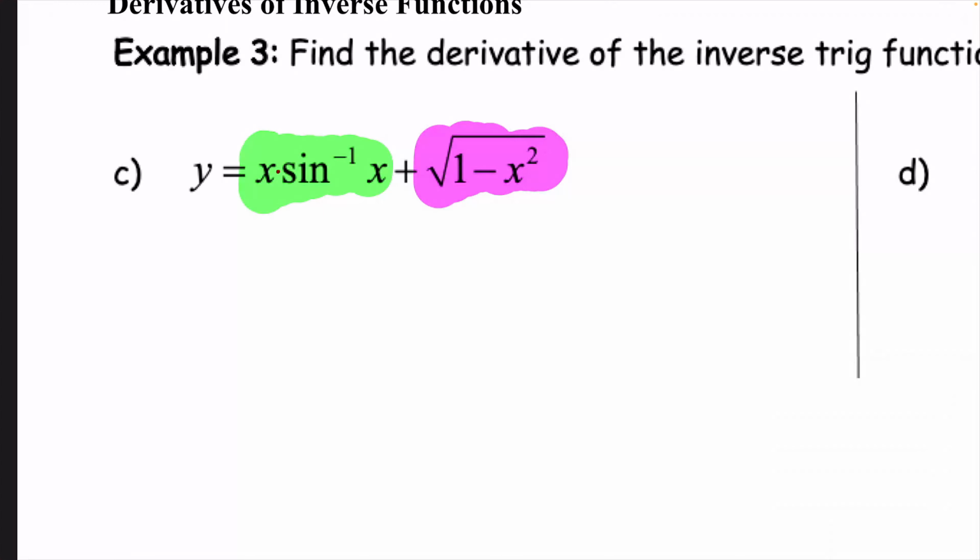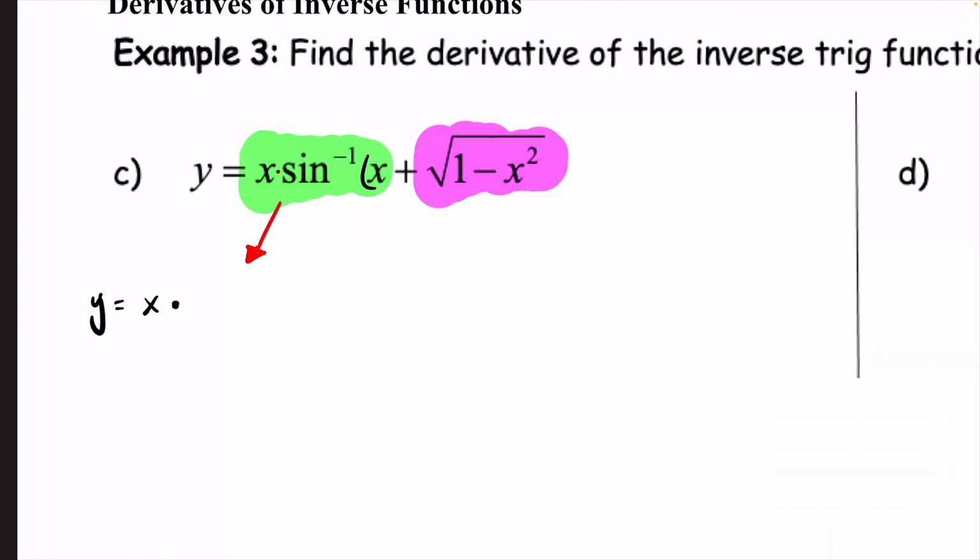Okay? So the first thing I'm going to do is I'm going to find the derivative of the green. What am I going to use to find the derivative of the green? Product rule. Very good. Product rule. Okay? Product rule says the first times the derivative of the second.